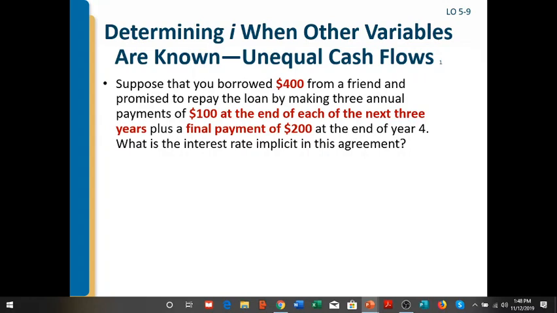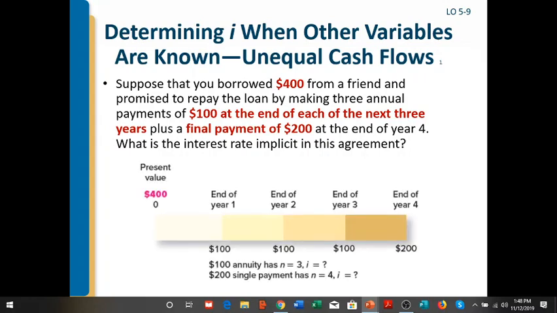What's the interest rate implicit in this agreement? Well, here you have to do a little bit more work. You've got an annuity for 3 years of 100, then a single payment at the end of year 4 of 200.